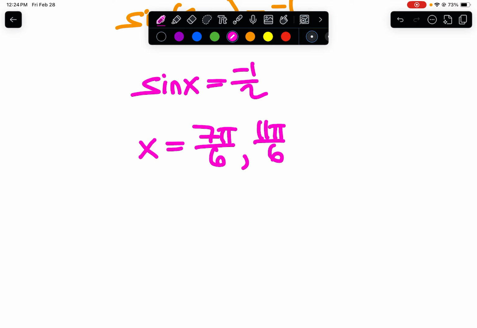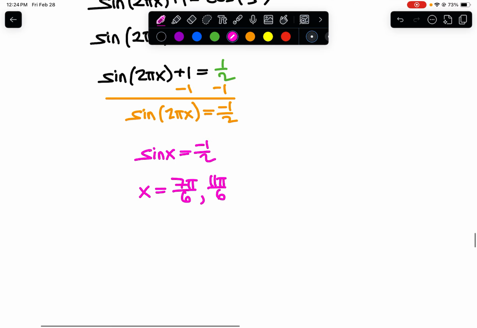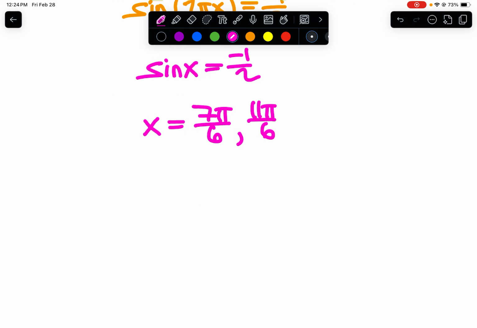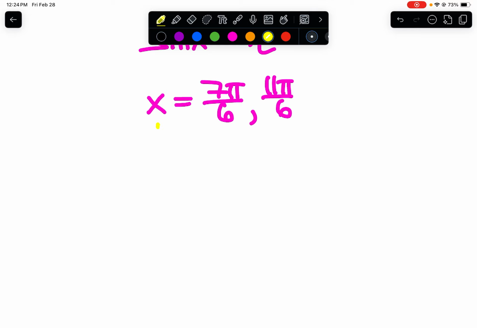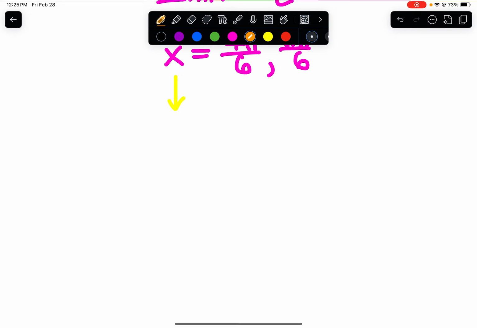So what's going to happen is now I'm going to take these values and we're going to set those equal to 2 pi x. Sorry, this video is long, y'all.